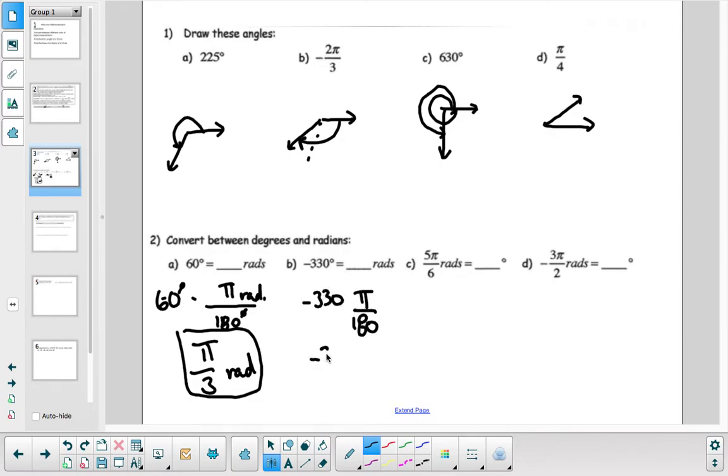So I would divide by that 10, get it out of there. And then simplify this fraction. 3 goes into both of those. So this would be 11, and this would be 6, or negative 11 pi over 6. And that's radians.